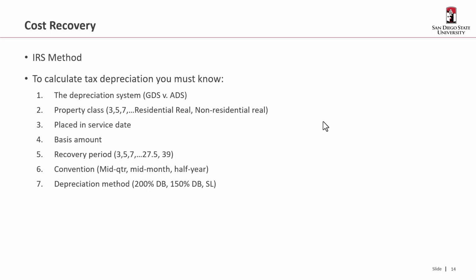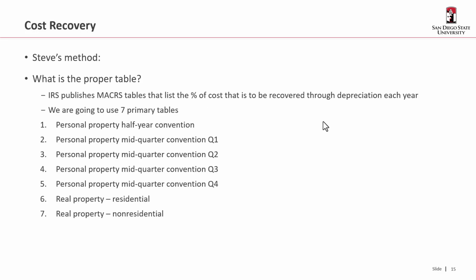Alternatively, there's 150% declining balance if you go ADS, and there's straight line, which is used for basically almost all real property. So I have a slightly different method. It's just figure out what the right table is. And so the IRS publishes these tables. And you can use them. And we're going to use 7 tables. It's not to say that there aren't more than 7.